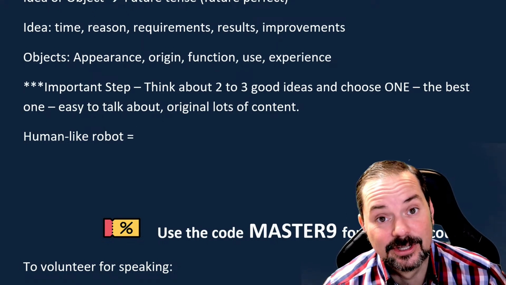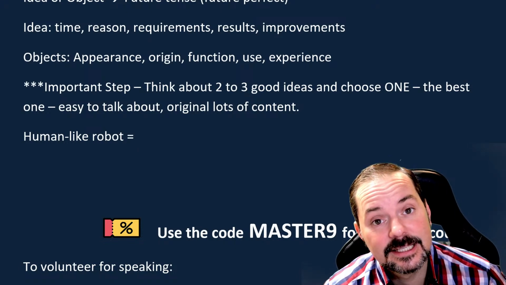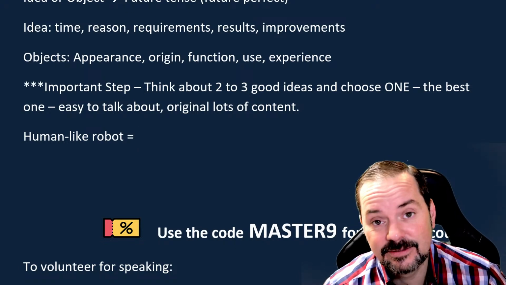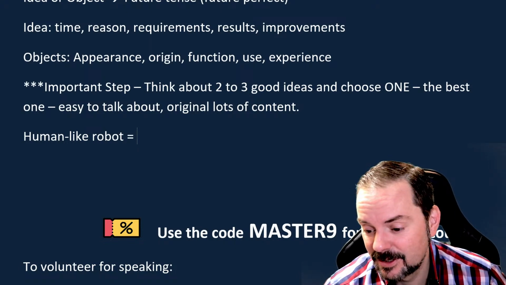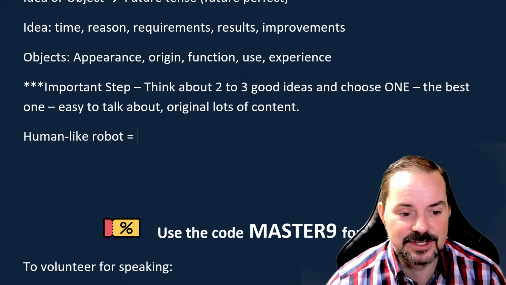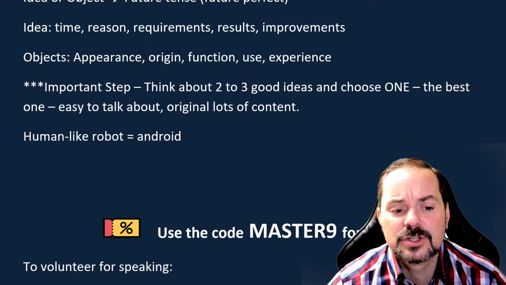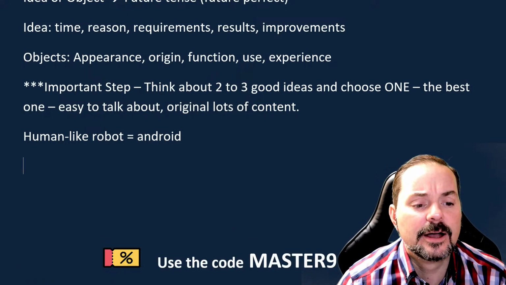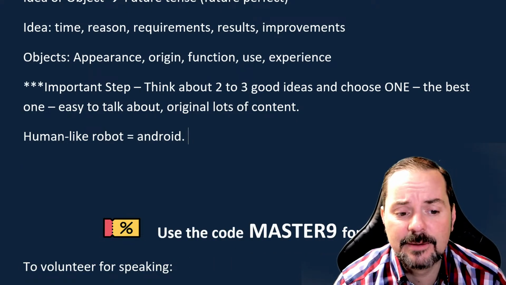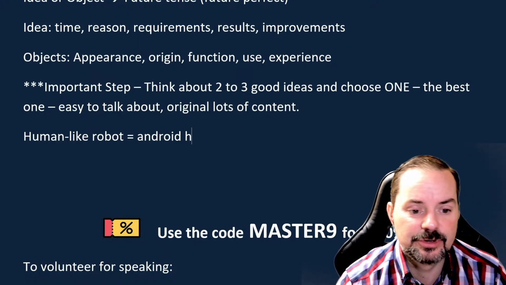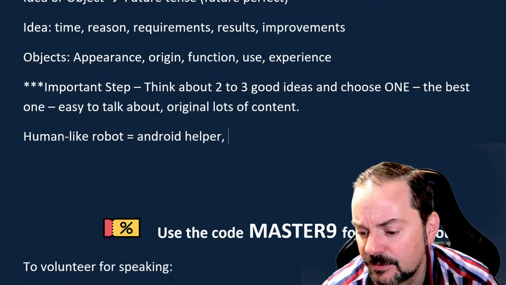Prasanta says, is it called Alexa? Alexa is the assistant for Amazon's product. Epsilonator, that's right, it's called an android. Okay, a human-like robot is called an android. And then, so yeah, maybe we'll have an android helper in the future.